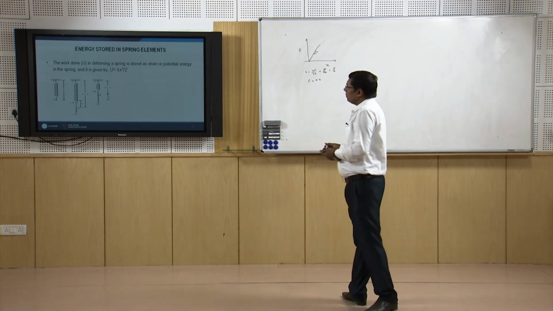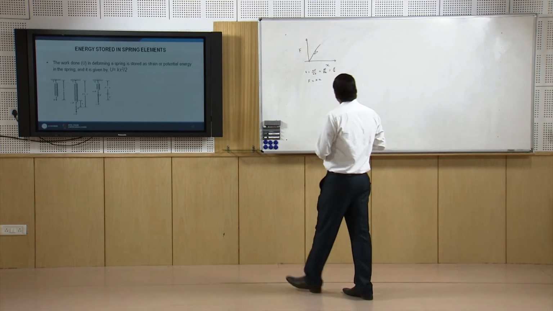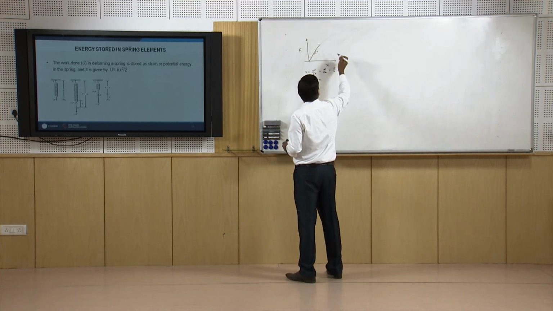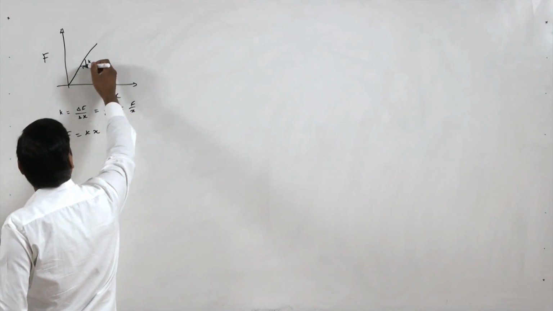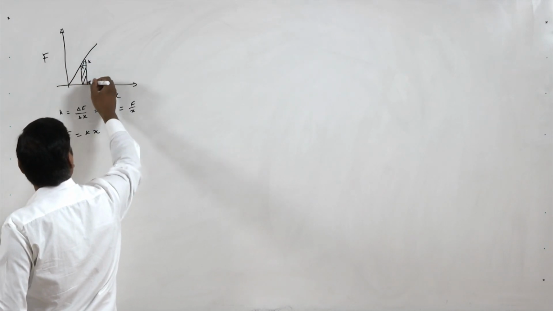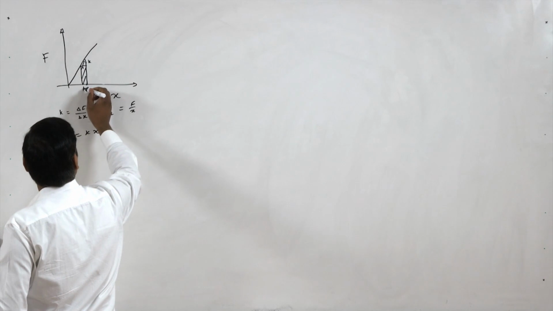Now how much energy is stored in the spring element? So we can see here, if we have this X, so let us say this element, and this is dx.